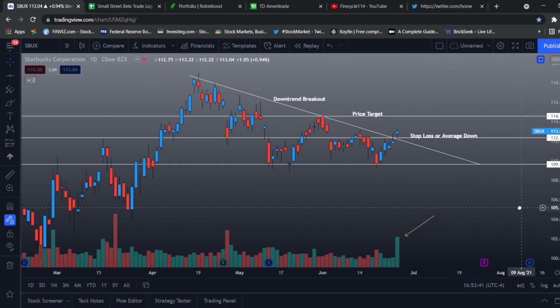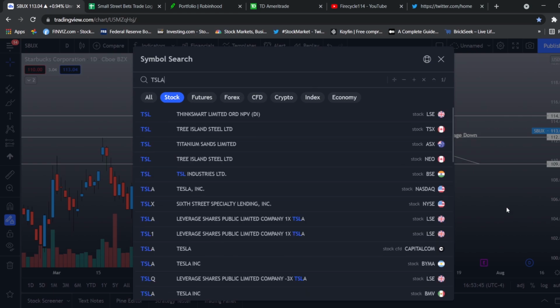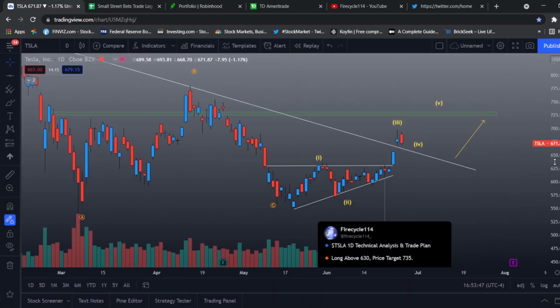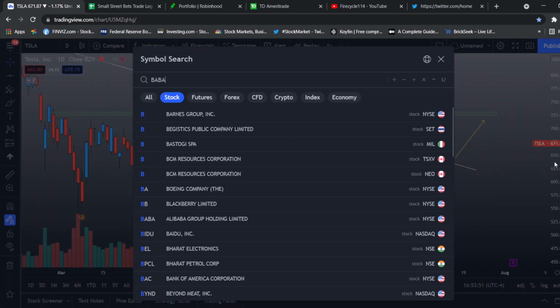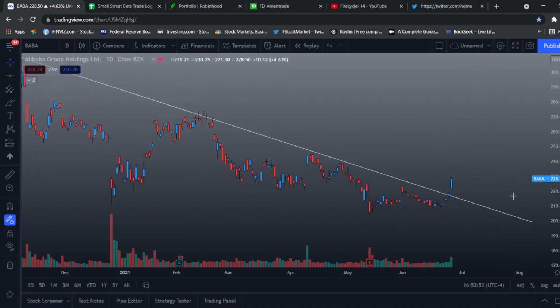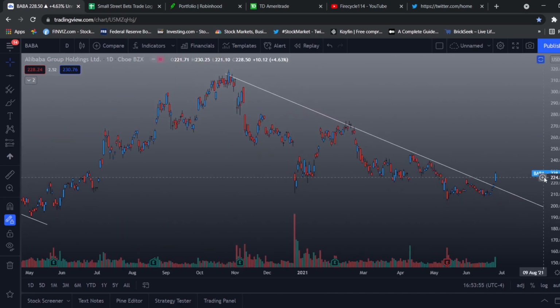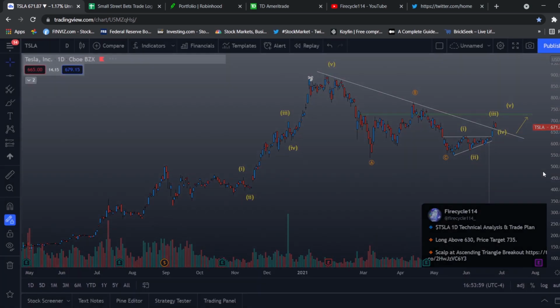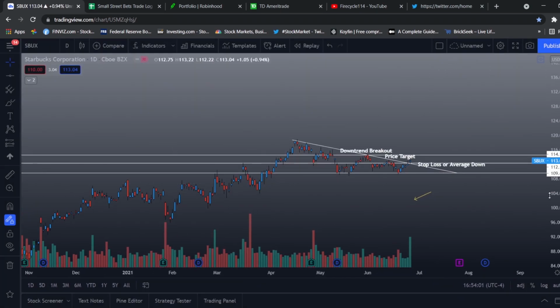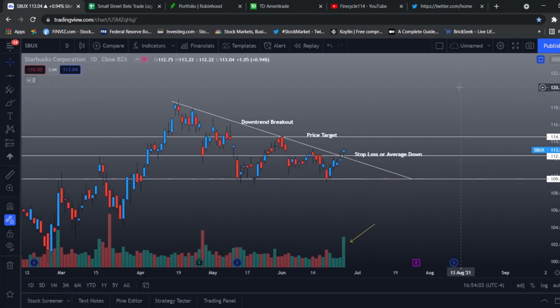That is why I chose Starbucks over some other stocks, like Tesla. We also had stocks like Alibaba. Alibaba is forming an uptrend, and same with Tesla and other stocks. But Starbucks just had that volume confirmation, which I liked.